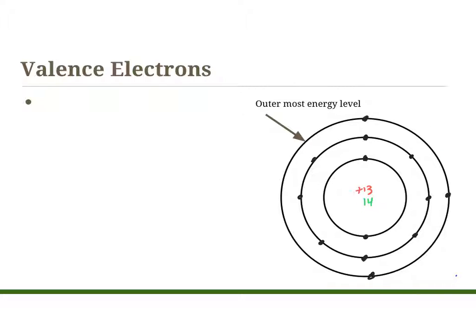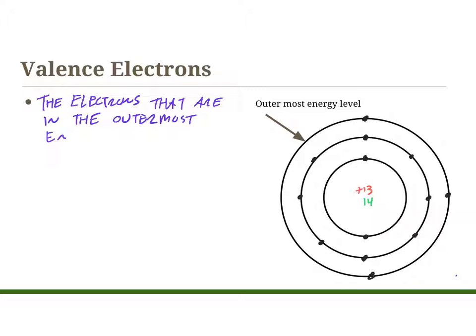Okay, so valence electrons are the electrons that are in the outermost energy level of an atom.